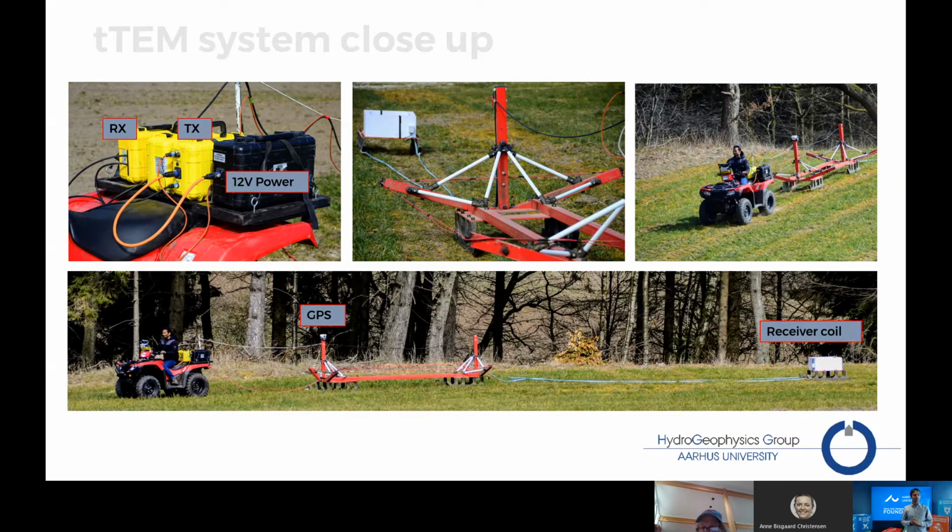We call it the transmitter. This is our transmitter electronics, which has a small PC inside, together with the transmitting hardware and control boards. This transmitter is connected to the receiver box, which is sitting next to it. All of this is powered by a 12-volt, 100 ampere hour battery, which is enough for this system to run the whole day.